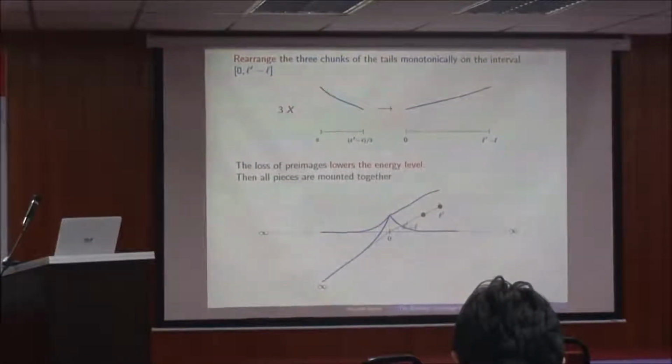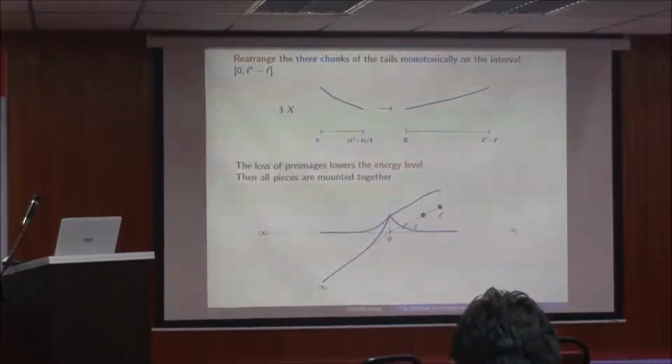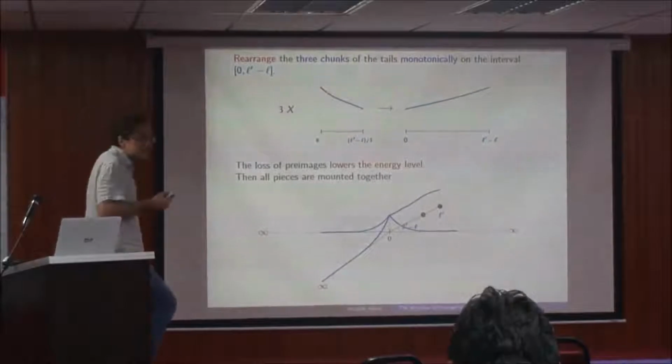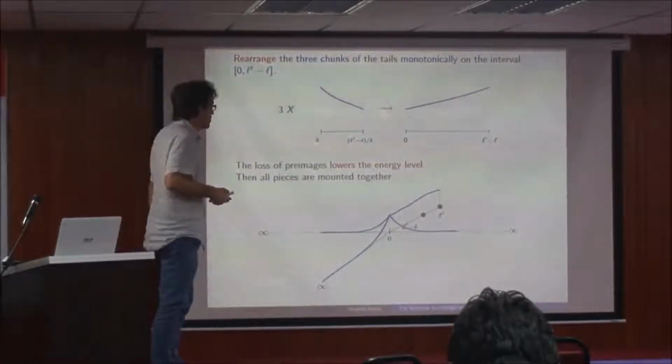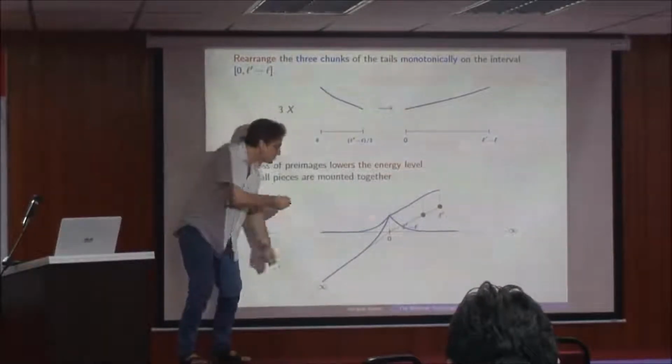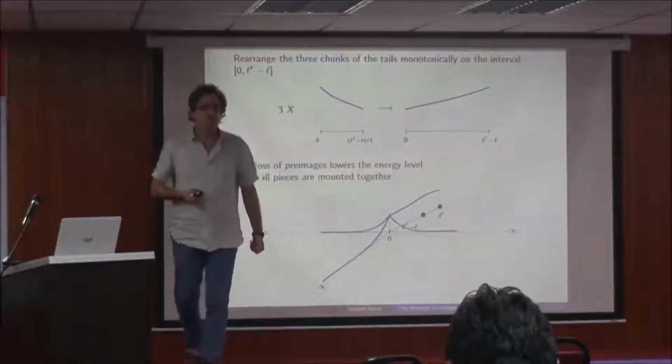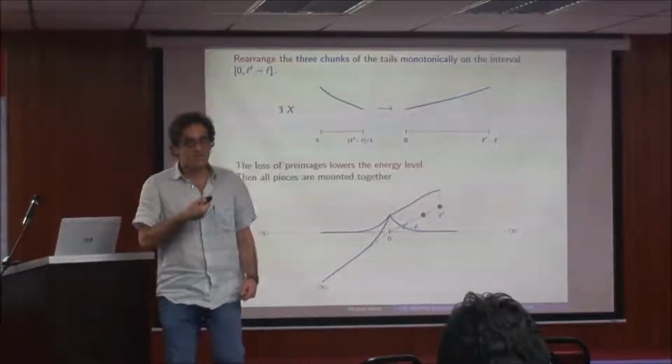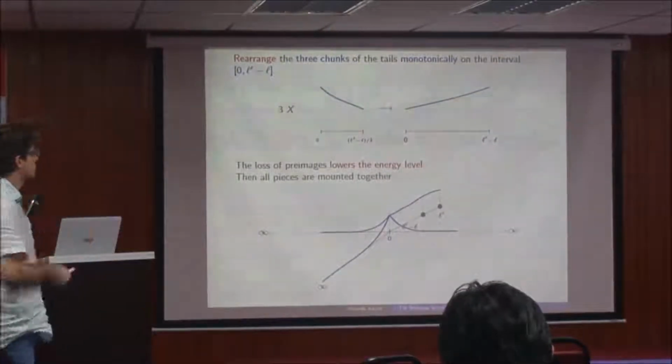Now, since that original function u was already a ground state, its energy was less than the energy of the solenoid. The energy of this new function is less than the energy of u, so it is less than the energy of the solenoid again. So there exists a ground state.